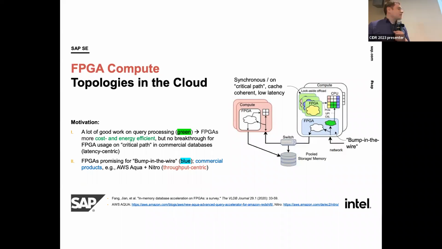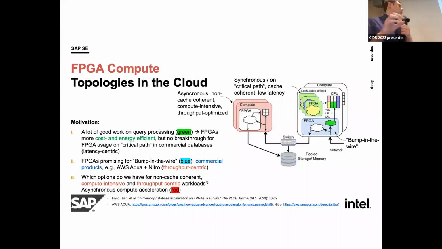While the first type is more focused on latency-centric work, the second type is mainly about throughput. And now what happens if you're not in between something, and you don't need to be low latency, but you still want something that helps the data processing in a database system, for example, in the cloud?